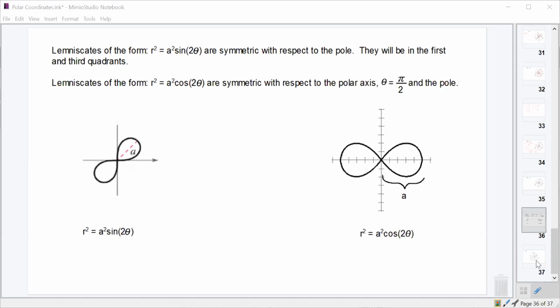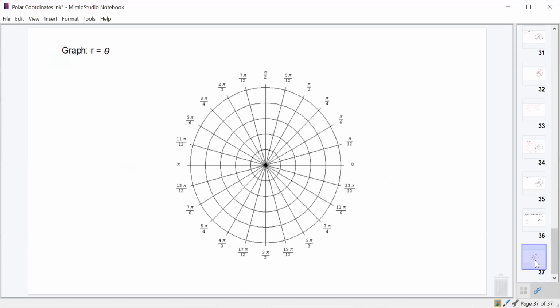All right. Last one we're going to graph here is r equals theta. If we want to graph r equals theta, what's that going to end up looking like? A spiral? It is going to look like a spiral.